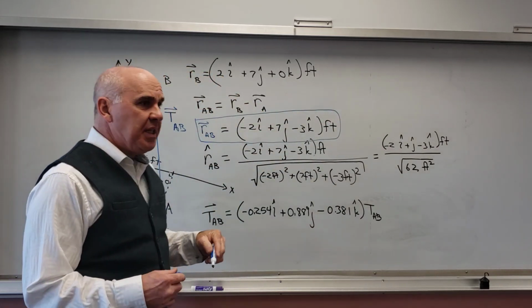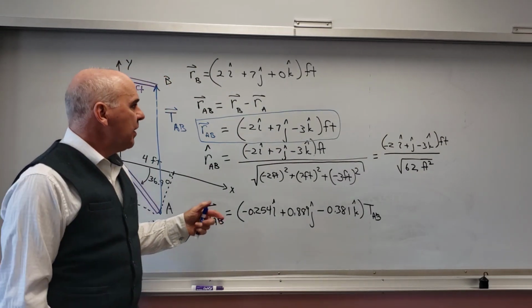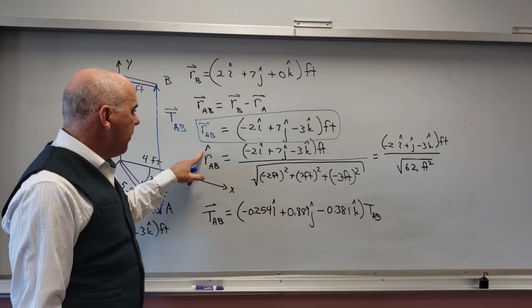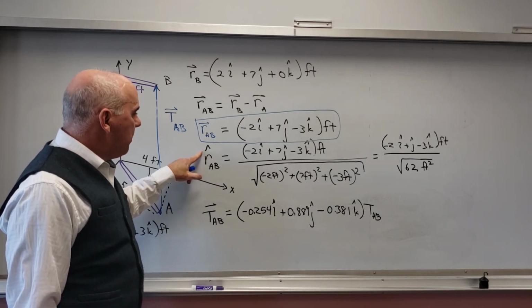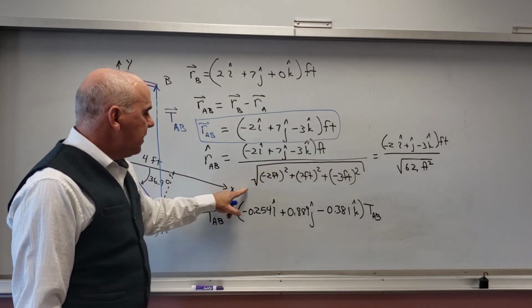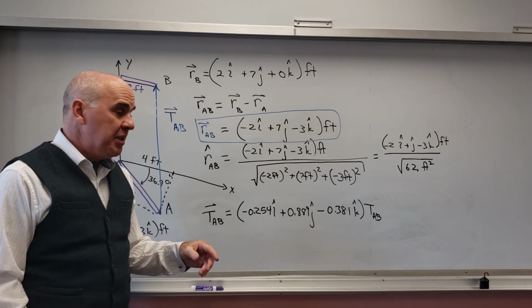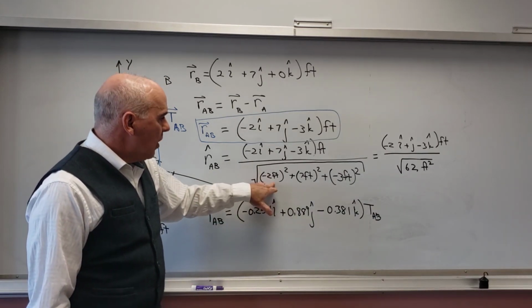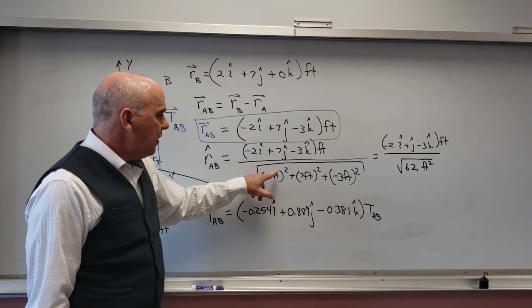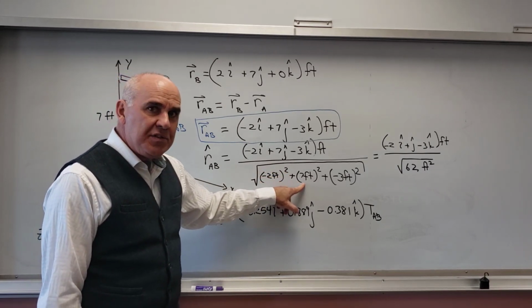But what I'm interested in, because I want to know the tension, is the unit vector. So I'm going to take RAB, I want the RAB unit vector, so I take RAB, which is in feet, and then I divide by the magnitude of that. Well, I use the Pythagorean theorem, but in 3 dimensions. So it's the x quantity squared, so negative 2 feet, square that. 7 feet, that's the y quantity, square that.